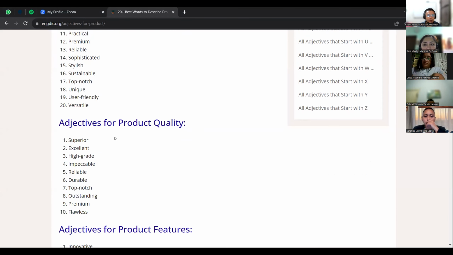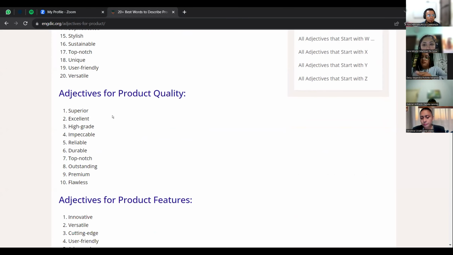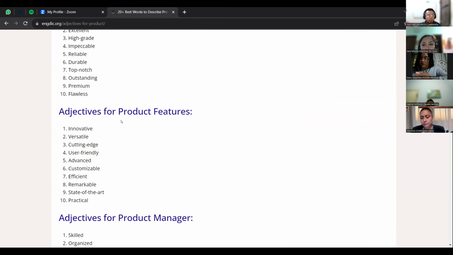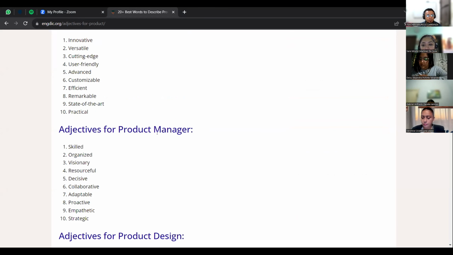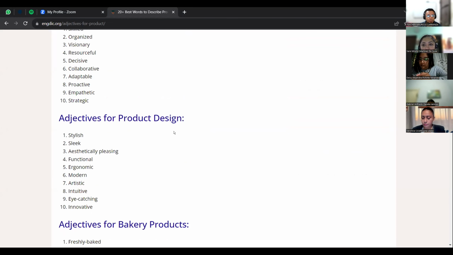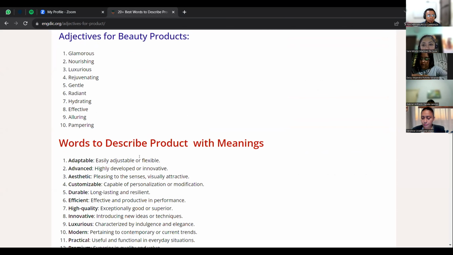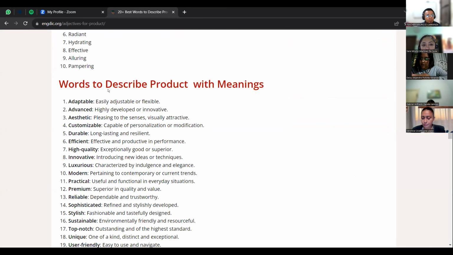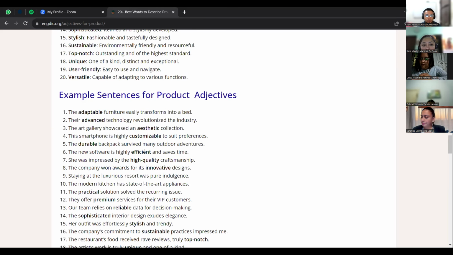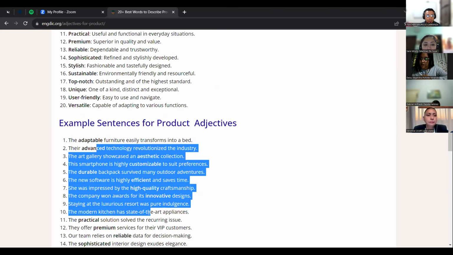Then we have different categories: adjectives for product quality, like superior, excellent, high grade, impeccable; for product features or characteristics; for product design, for bakery products, beauty products, etc. These are words to describe products with their meaning, so you can read what the words mean, and you also have some sentences.